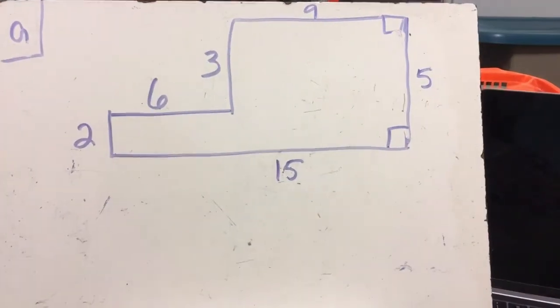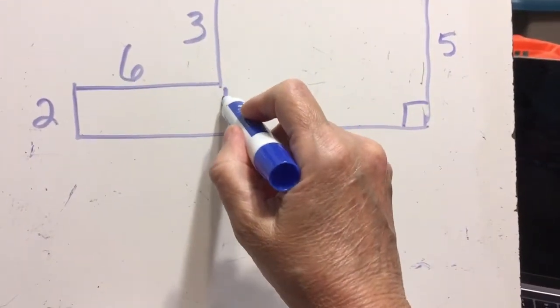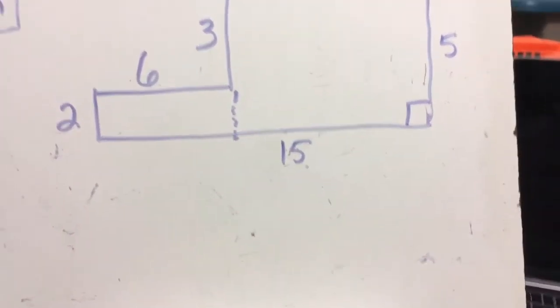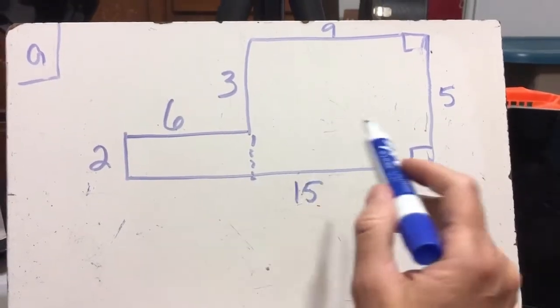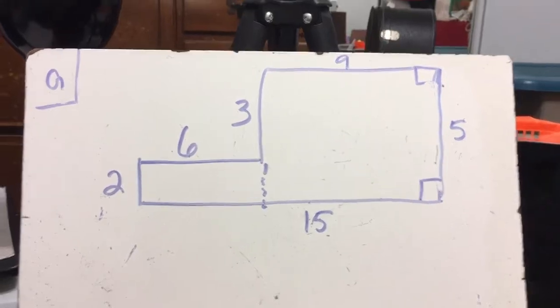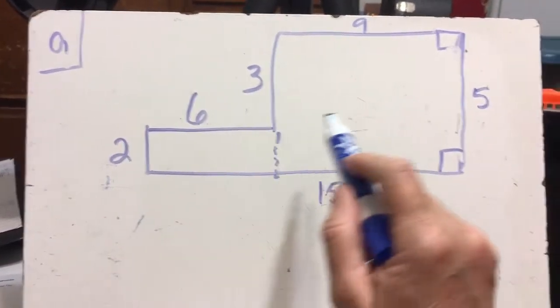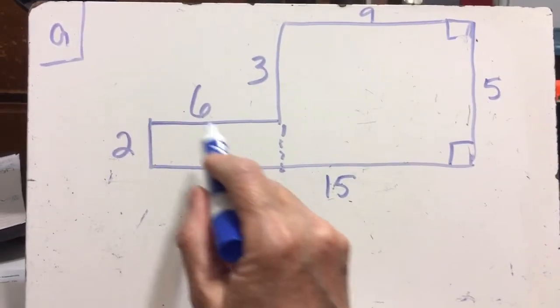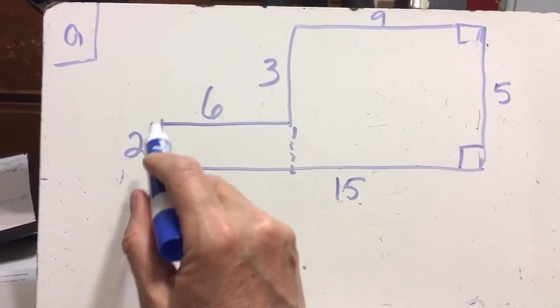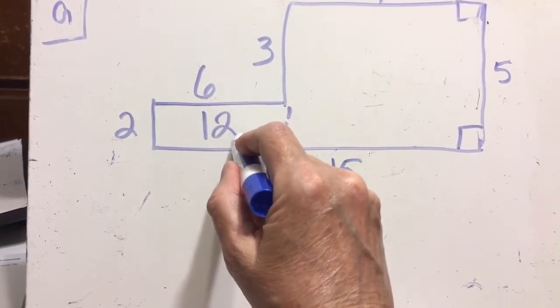Here is practice A, and I'm going to find the area just by drawing a little chop line there. I'm going to separate this figure that looks kind of like a big axe or something into a rectangle and a rectangle. So this little rectangle is 6 long and 2 wide for an area of 12 square units.